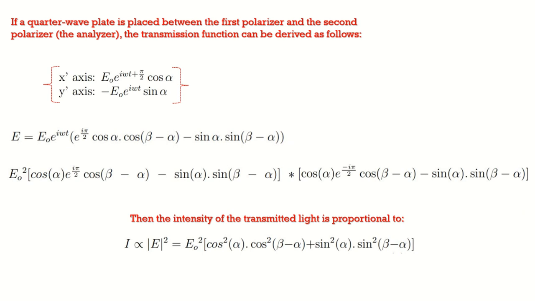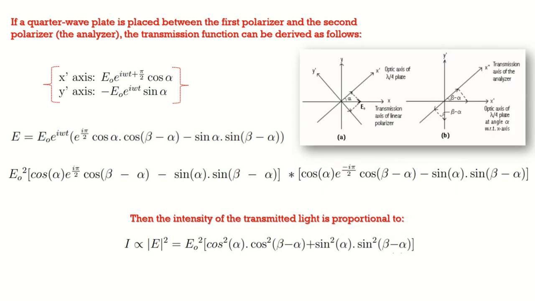Let's consider the totally linearly polarized light that emerges from a linear polarizer. If a quarter wave plate is placed between the first polarizer and the second polarizer, the transmission function can be derived as follows.